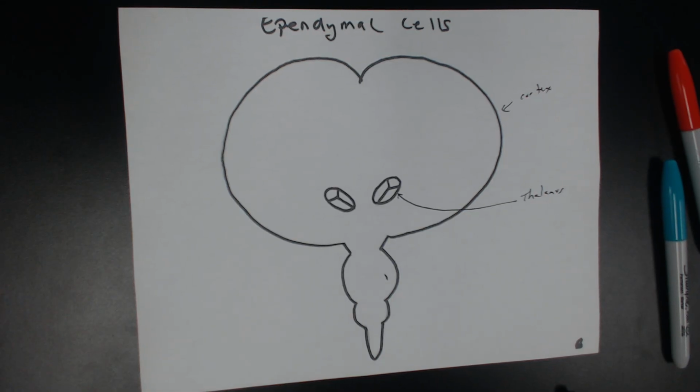Okay. Quick review. Going back and thinking about the ventricular system that we just did, those big hollow spaces that reside in the cortical region and down through the brainstem. There was one part of the ventricular system that resides between the thalami. Does anybody remember which one that was? Yeah, great.